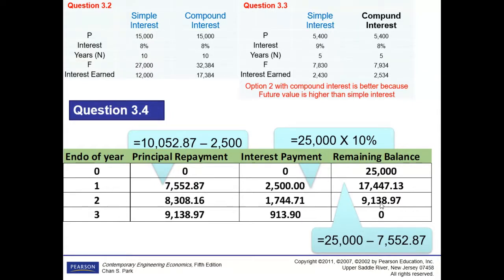And then you can calculate the balance in year 2: 17,447 minus 8,308, you get this number, 9,000. Similarly, you complete your loan repayment, and in the last year your balance should be 0. That's how you pay off your balance.